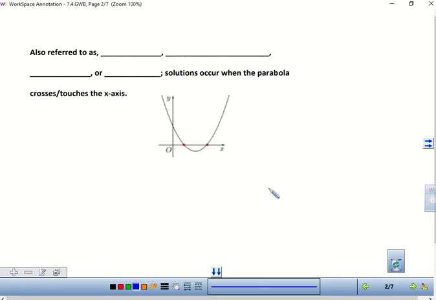So, you'll see that there are other ways that we refer to factors in math when we find them as solutions. And you'll see them written in several different ways. You'll see them known as zeros. You'll see them called solutions.